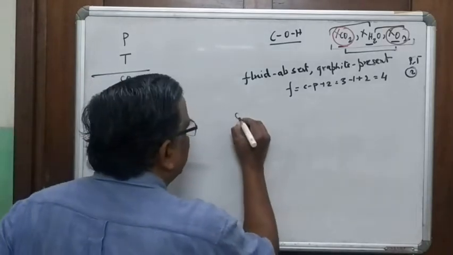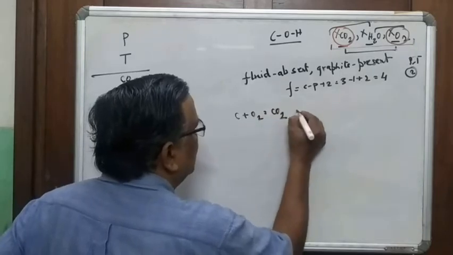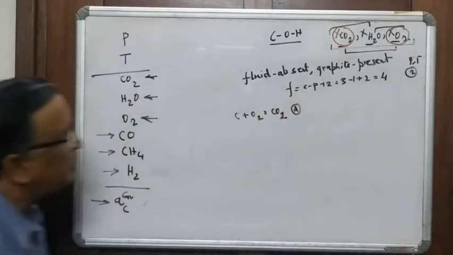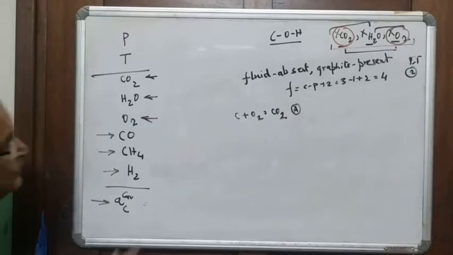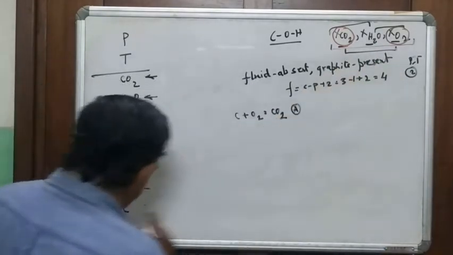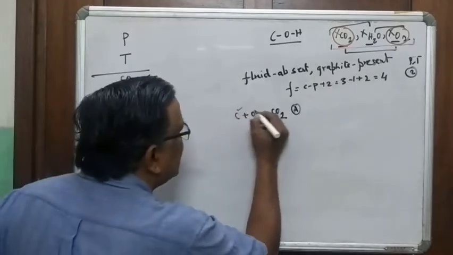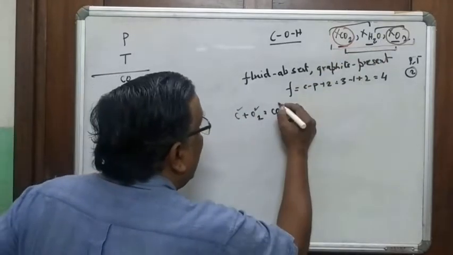So the first reaction is C plus O2 is equal to CO2. That's equation 1. Now you see here, in this expression, graphite is present, isn't it? So this value is equal to 1. We know this, this, and this.